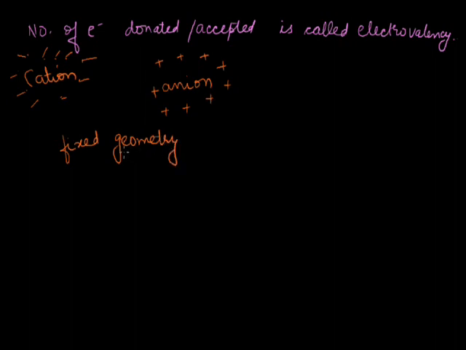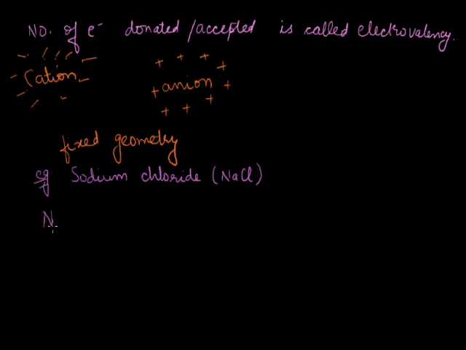Let us now take an example of an ionic compound. A very commonly used ionic compound is sodium chloride. The sodium atom, which is electropositive in nature, being a metal, loses an electron from its outermost orbit and gets converted into a cation to attain noble gas configuration.